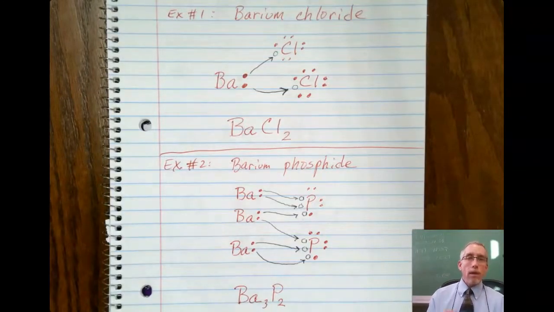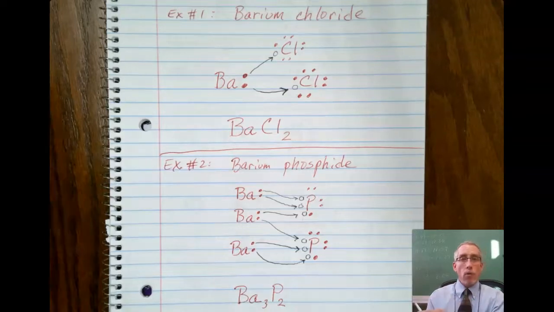But what I showed you last time was kind of a way of using diagrams to understand what happens during ionic bonding. So in this first example here, when barium wants to bond to chlorine, this takes place by the transfer of electrons from one atom to the other.